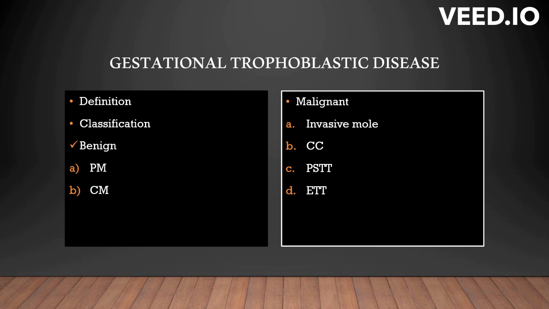So it is classified into two, benign and malignant. Benign includes the partial and complete mole. Invasive mole, choriocarcinoma, placental site trophoblastic tumor, and epithelioid cell tumor constitute the malignant portion.